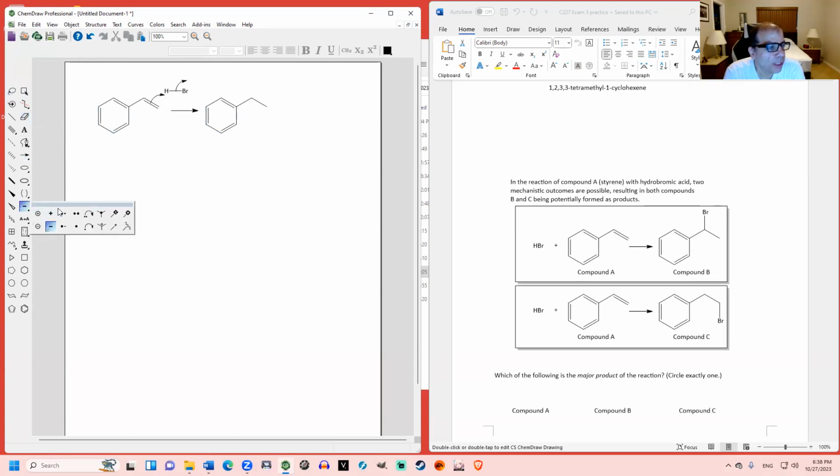And we're left with a carbocation, like that. This carbon now is a CH3. It started life as a CH2, but it gained another hydrogen from the HBr. And of course, this carbon still has a hydrogen on it too. It's a secondary carbocation. And then bromide ion attacks.